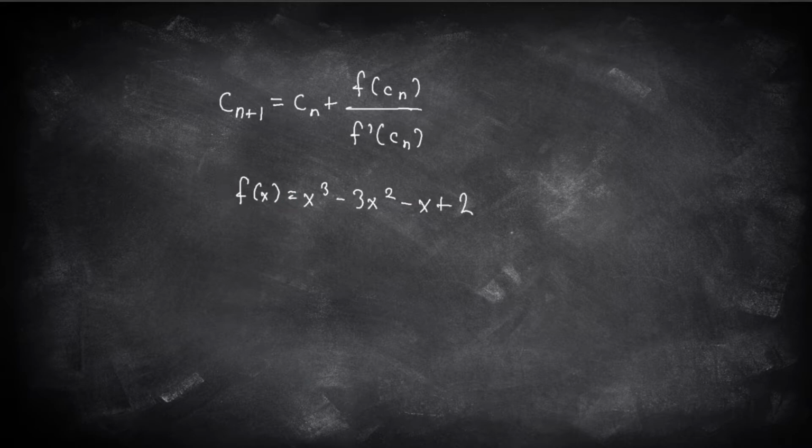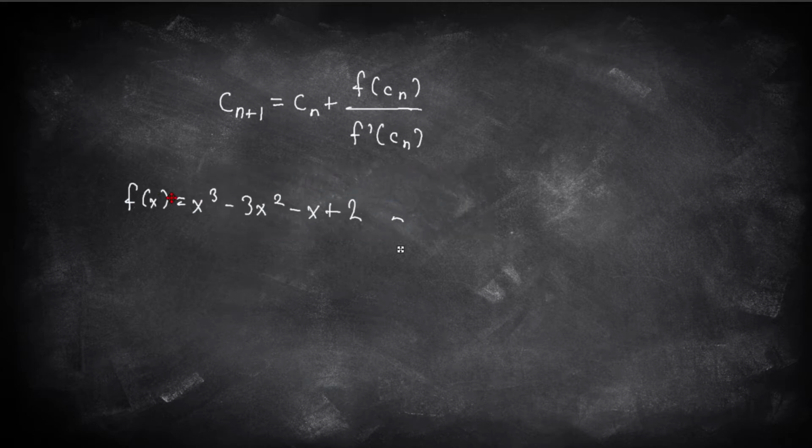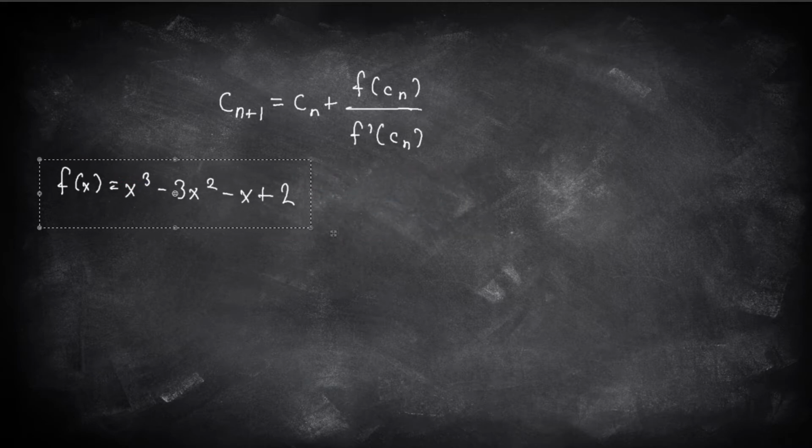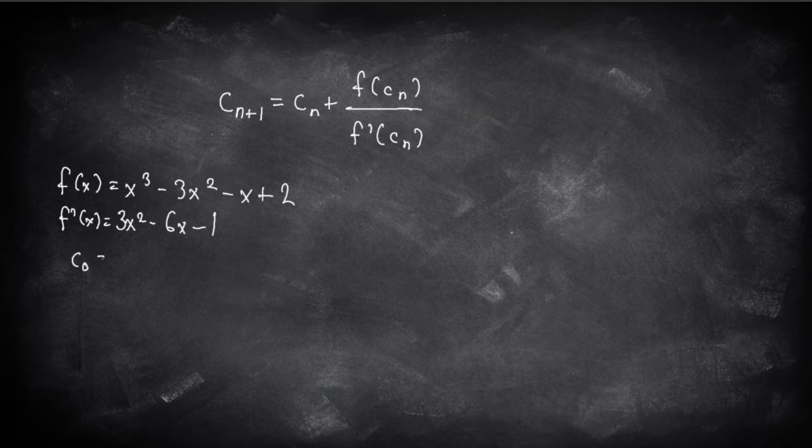I'm going to move this a bit over because we're going to have to do a little bit of writing. The derivative of this function is 3x squared minus 6x minus 1. And our first value, c sub 0, or c sub 1, it doesn't really matter, was 1 half, because that's the one we chose.